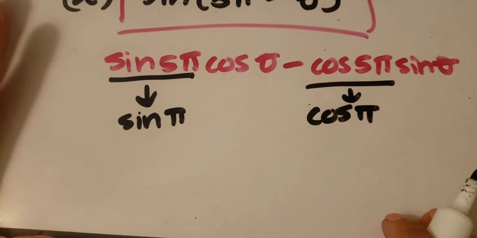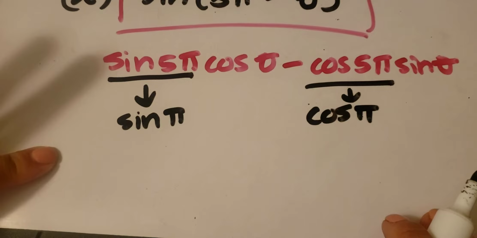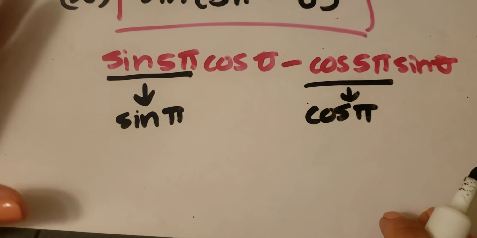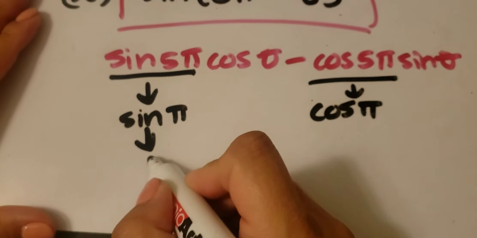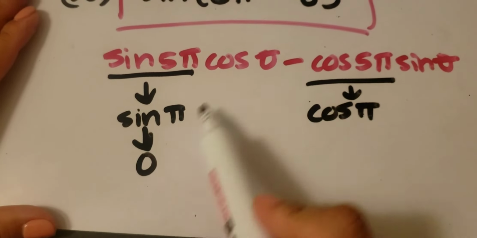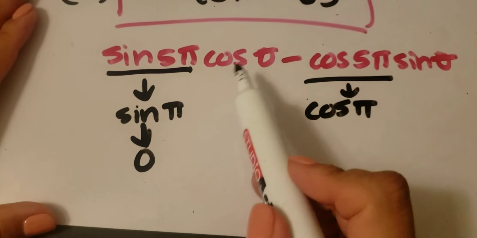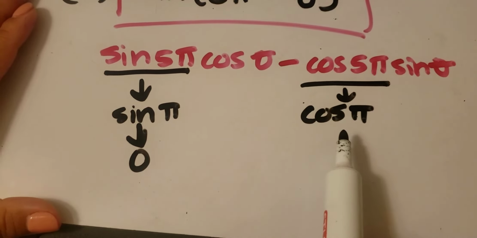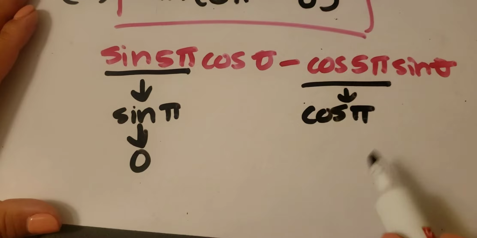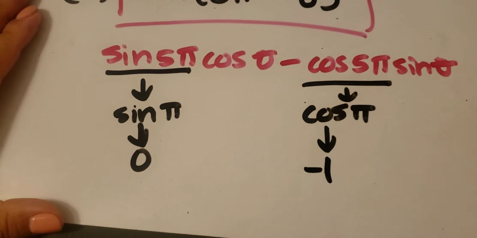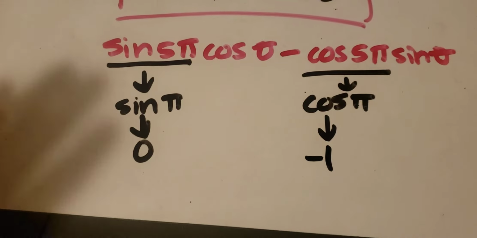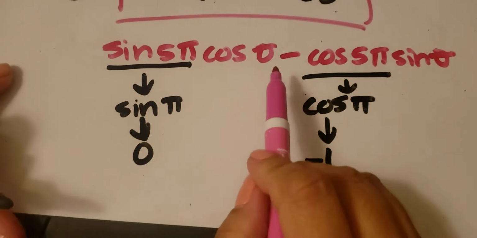If you look at your unit circle, sine of pi is 0. So 0 times cosine of theta is just 0. And then cosine of pi is negative 1. So negative 1 times sine of theta is negative sine theta, but then we have that minus there.